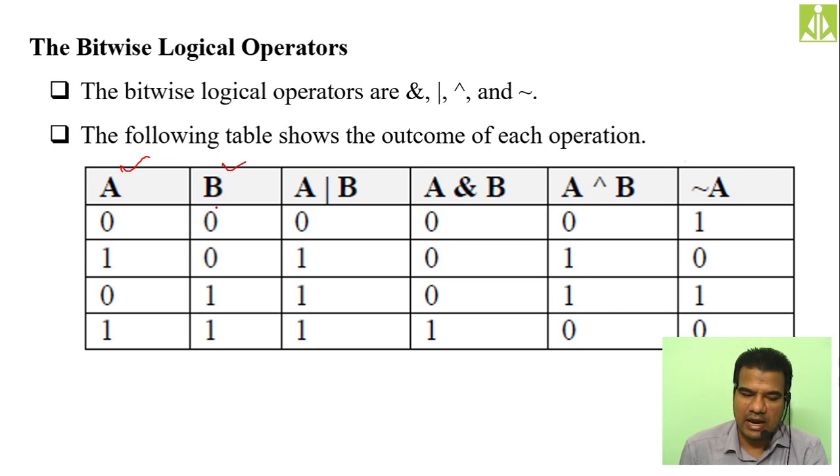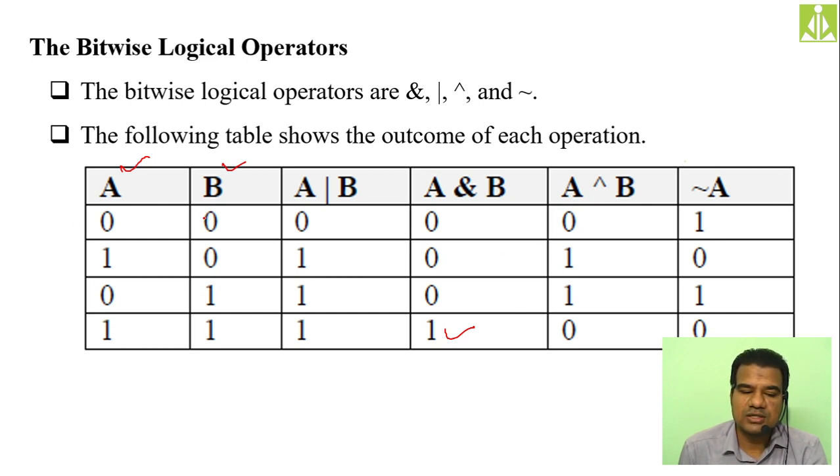Only when both A and B are 0 will you get the result 0. In all the rest of the cases, wherever there is at least one 1, you will get 1. Then bitwise AND: wherever you have at least one 0, you will get 0, and in all other cases you will get 1.